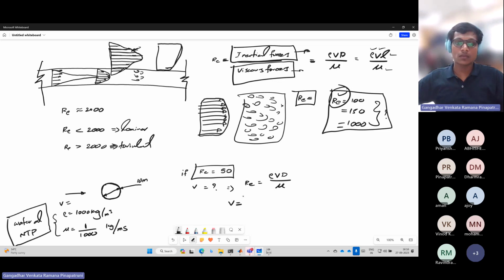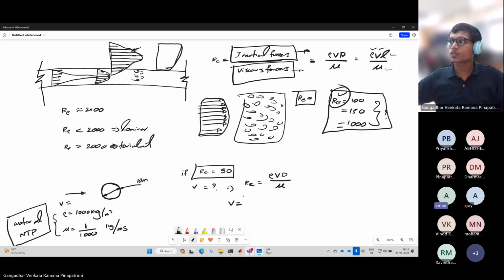Can someone calculate the velocity and tell me? Is it just simple mathematics, not a big deal for you all? Is any data missing? I think all the data is available. The diameter is 10 meters, viscosity, density and Reynolds number are available. So what is the velocity?